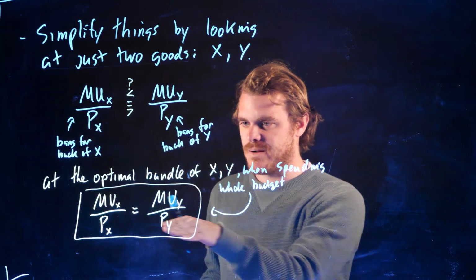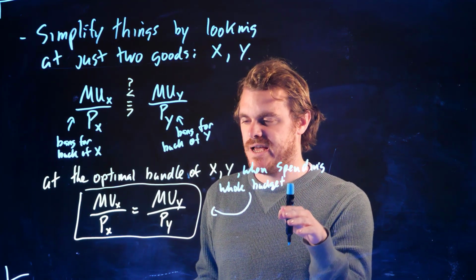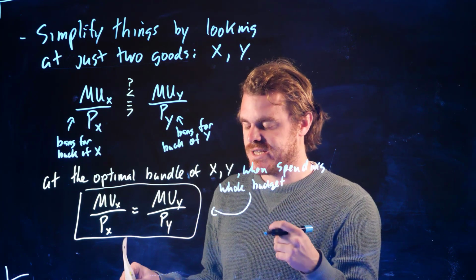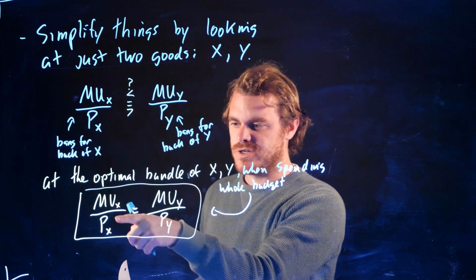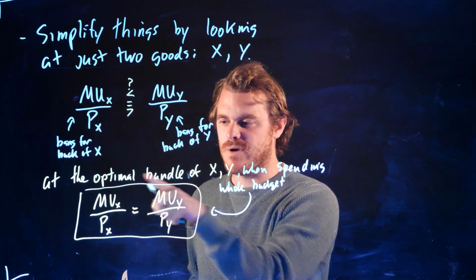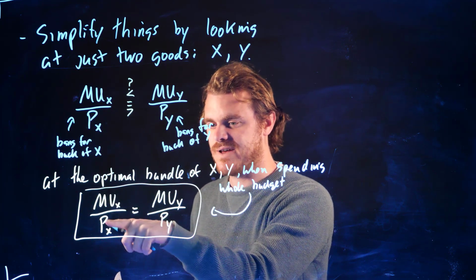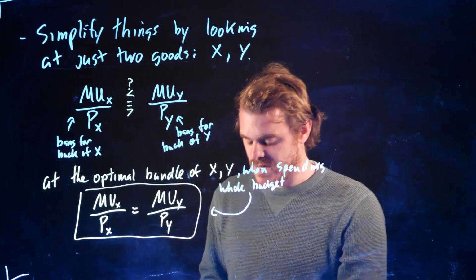So this is going to be our maximization criteria. We want to spend our whole budget, and we're going to keep on purchasing goods to spend our whole budget, and at the optimal, the bang for the buck of good X is going to be equal to the bang for the buck of good Y. The marginal utility of X over the price of X equals the marginal utility of Y over the price of Y.